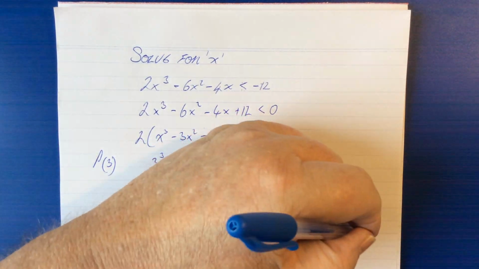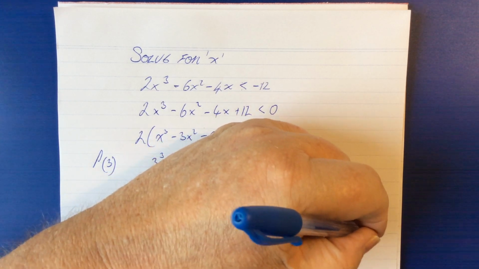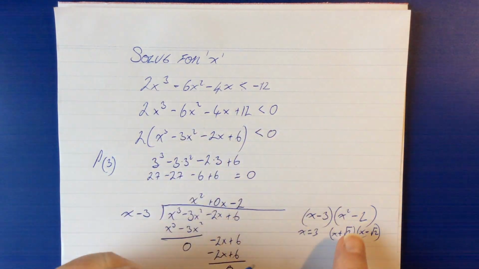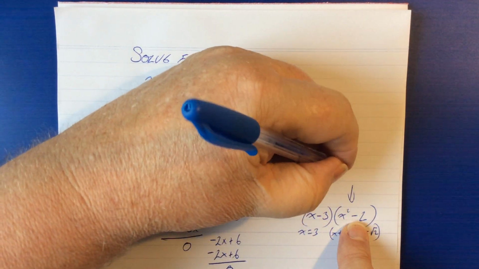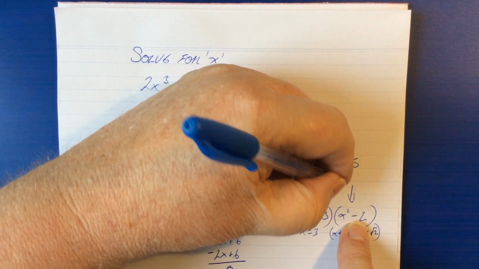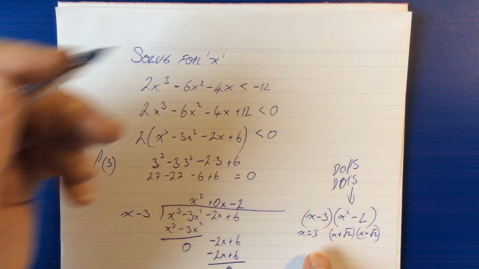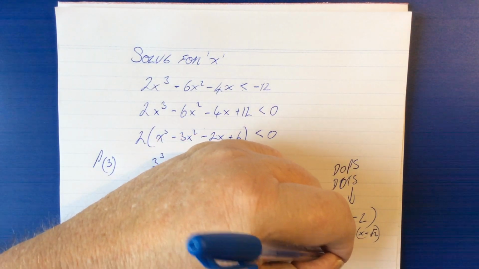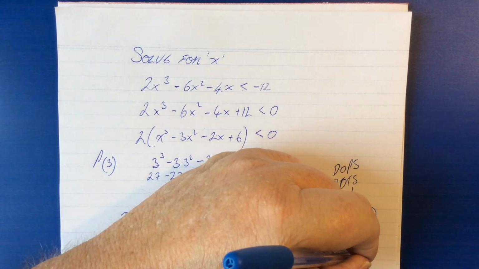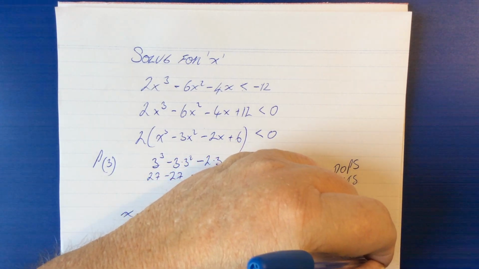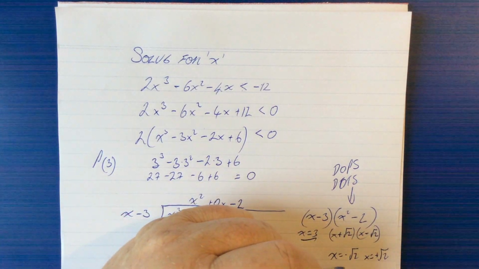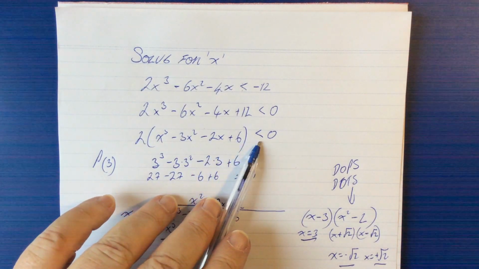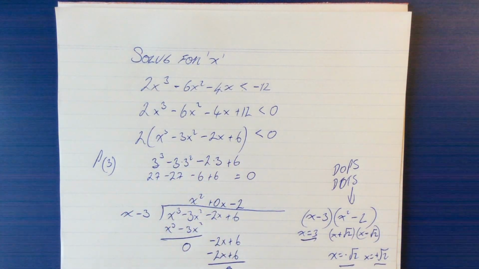And that factorizes to x minus the square root of 2 and x plus the square root of 2, because this is the difference of perfect squares, or the difference of two squares. Call it what you like, and that's the pattern to which it factorizes. So x is equal to negative root 2, x is equal to positive root 2. Now we have three solutions for this as if it were an equality, not an inequality.